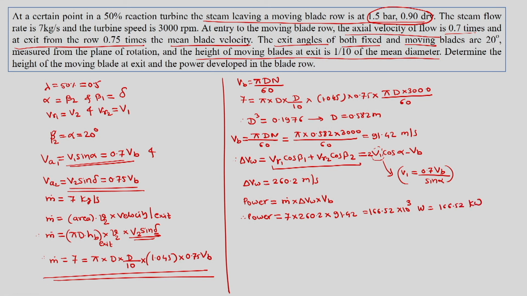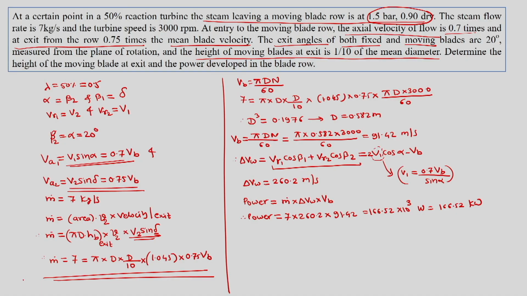So in this example, we saw that in a 50% reaction turbine, we can work with the given constraints of the velocities at the exit or at the inlet, and find out first the expression for diameter and then make use of that to find out the necessary things.